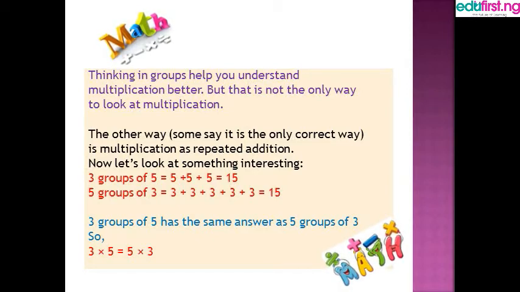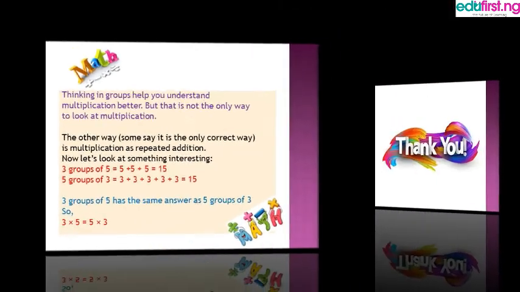Now, for what we have just done, it means that when you multiply two numbers, the order of the numbers, or whichever number comes first, does not matter. The answer will still be the same. Now, with all what we have done together, I hope you have understood better the concept of multiplication.